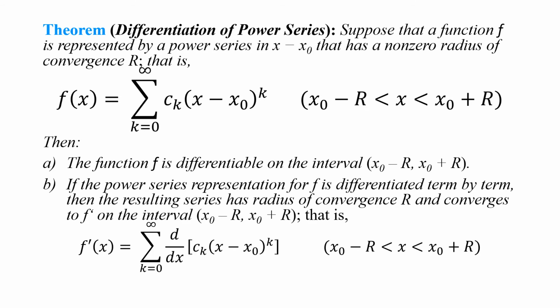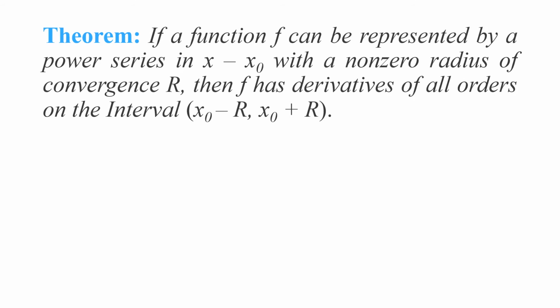So we could have this theorem: if a function f can be represented by a power series in x minus x sub 0 with a non-zero radius of convergence r, then the function has derivatives of all orders on the interval x sub 0 minus r to x sub 0 plus r.